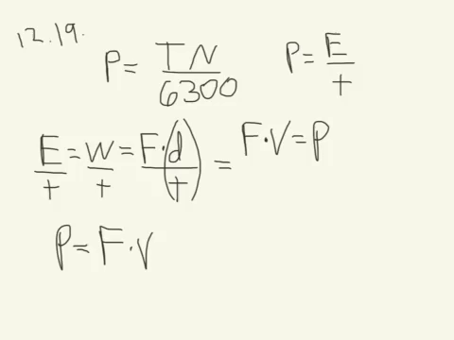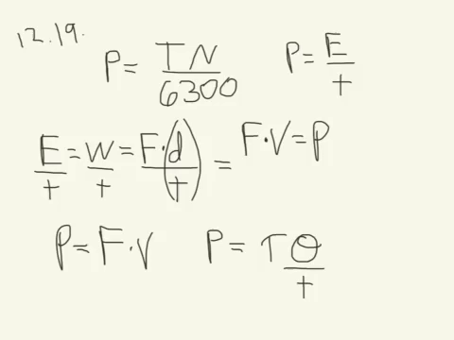And then later on in Physics 1, you might remember talking about the rotational versions of equations. So the power in rotation, the force would become a torque. That's the rotational version of force, and then the velocity would become radians per second instead of distance per second.